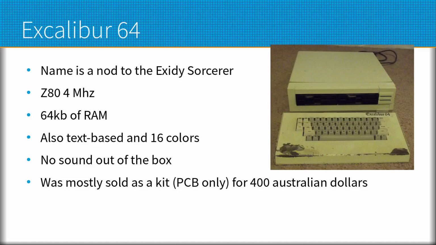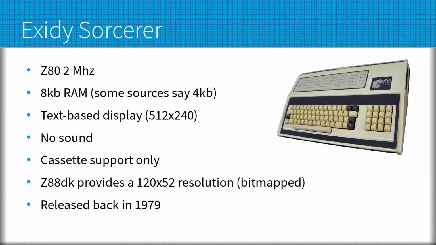So the next one is actually quite similar to the Exidy Sorcerer and was even inspired by the Exidy Sorcerer. So this is the Excalibur 64, and the name is actually a nod to the Exidy Sorcerer, and that's because it shares a lot with it. So in Australia, the Exidy Sorcerer for a while was actually, I would not say popular, but it had a following.